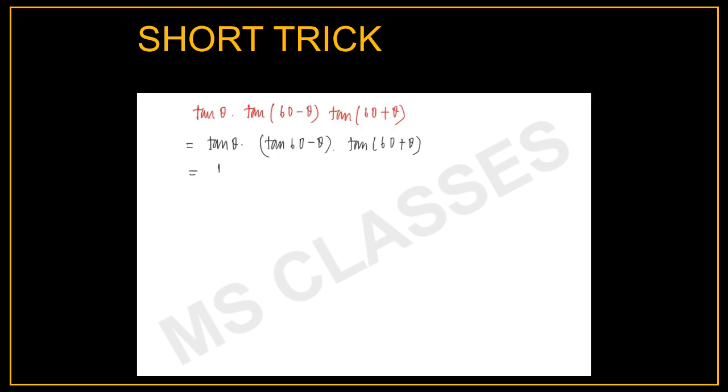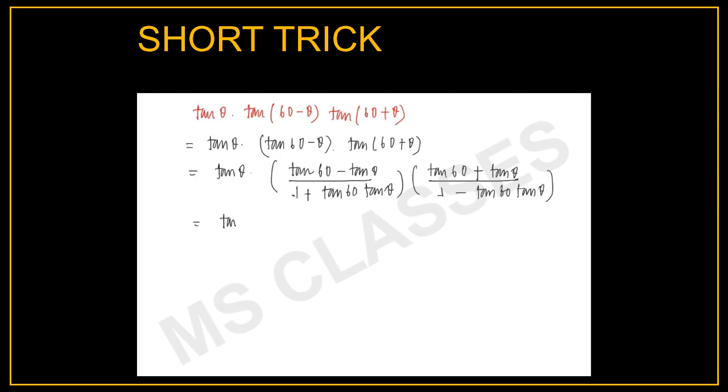Now here tan theta into tan 60 minus tan theta by 1 plus tan 60 tan theta into tan 60 plus tan theta by 1 minus tan 60 tan theta.